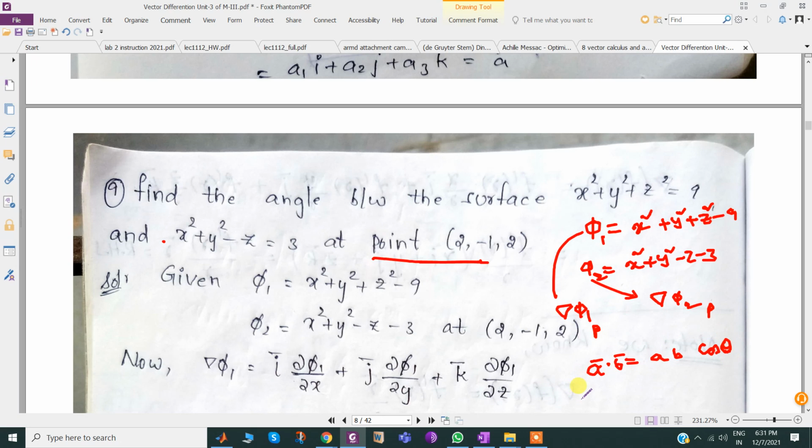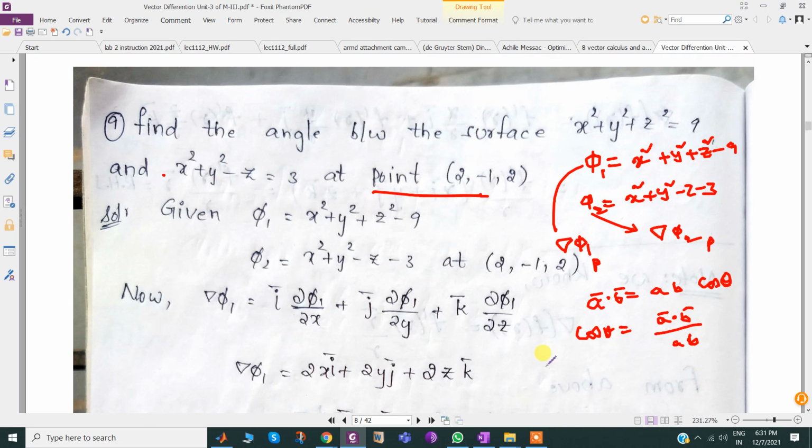So cosine of the angle equals a bar dot b bar upon a times b, and theta equals cosine inverse of a bar dot b bar upon a times b. Here also I am using the same logic: instead of a bar there is del phi 1, instead of b bar there is del phi 2 at P.